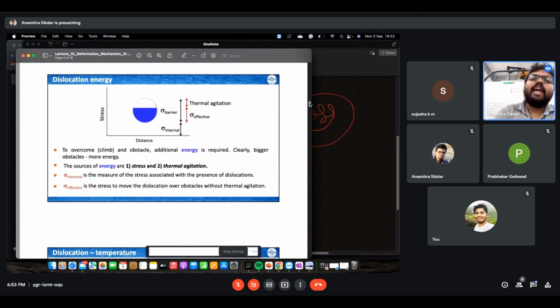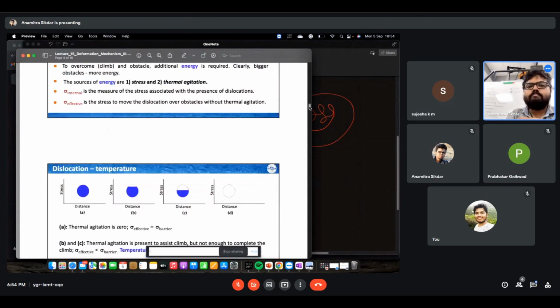That can be supplied by the application of stress, or by increasing the temperature. When you increase the temperature, the atoms at the lattice points vibrate more vigorously, so it is easier for them to move. And when you apply stress, they need to readjust themselves, and then also you can cross the barrier.